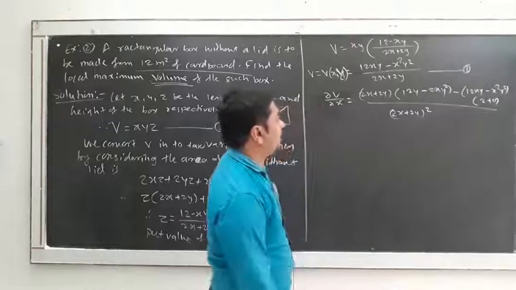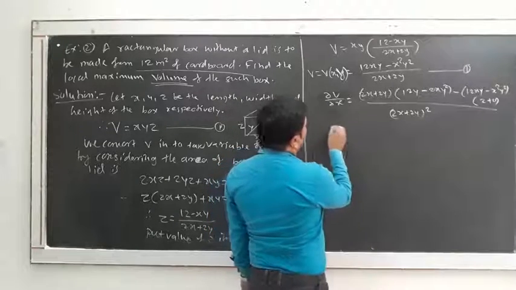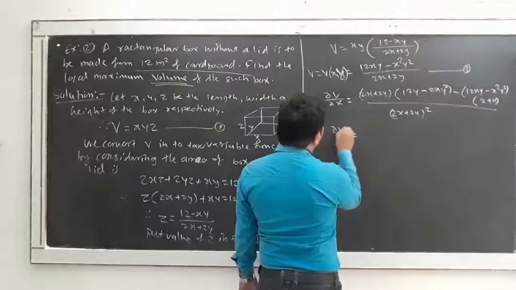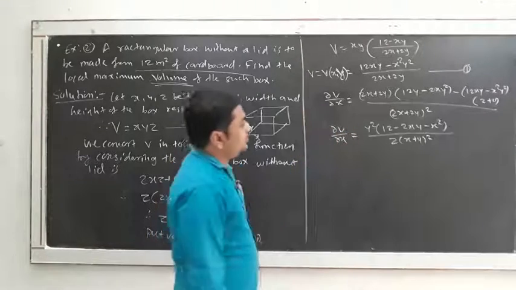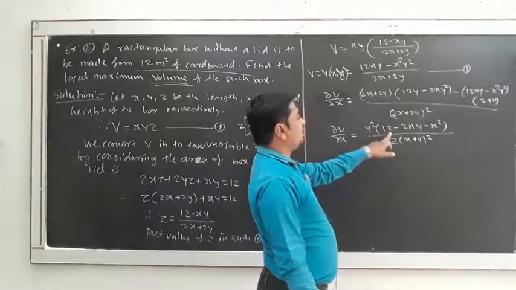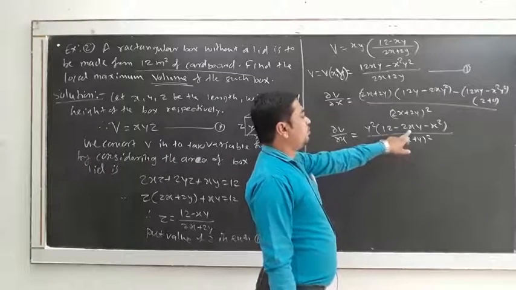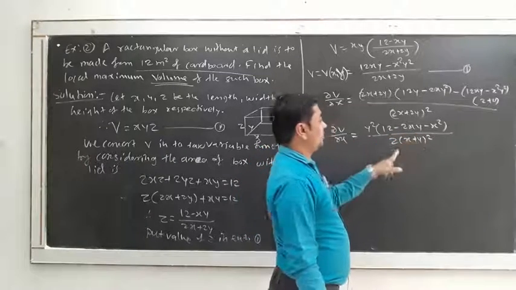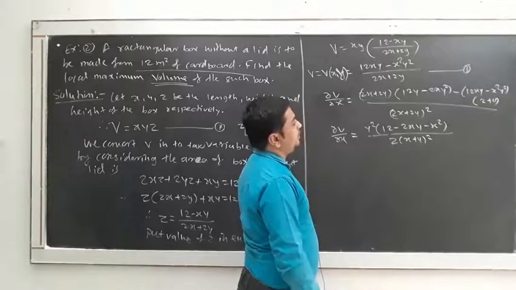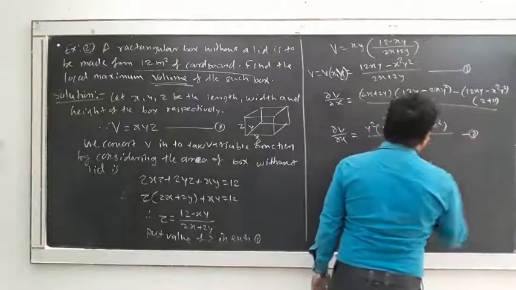After simplification we are getting y square into (12 minus 2xy minus x square) upon (2x plus y). This is equation number 3.